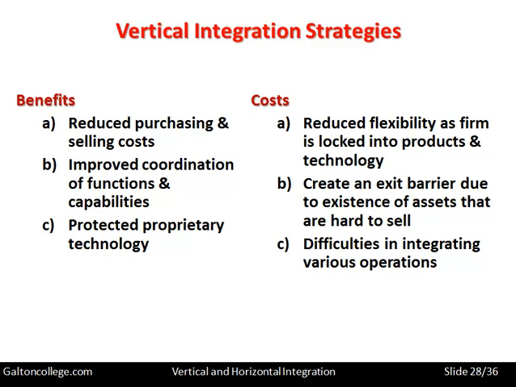So sometimes vertical integration is not really that viable. It's not a good idea because the components that are required by the business are so diverse, they're so complicated, they come from a whole range of suppliers. So setting up one company to try and produce those may not be possible.